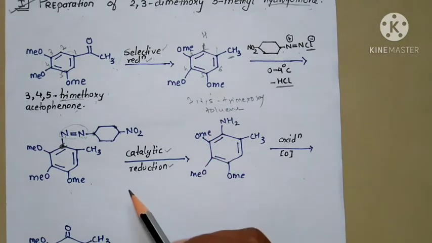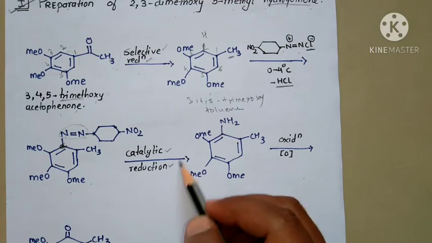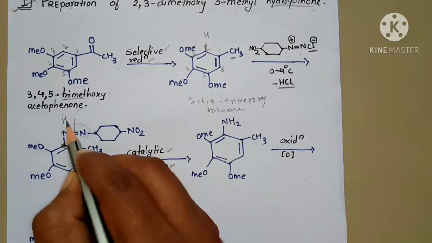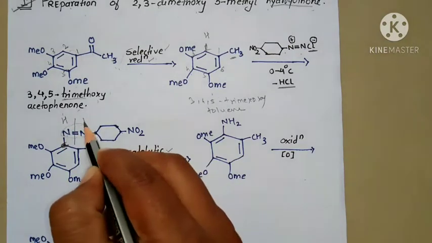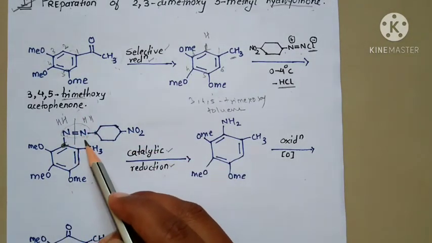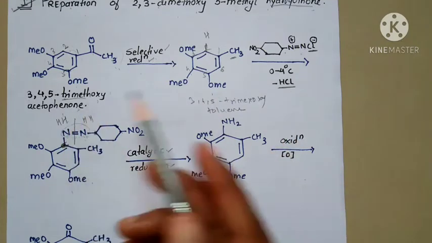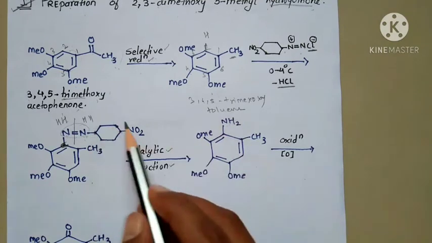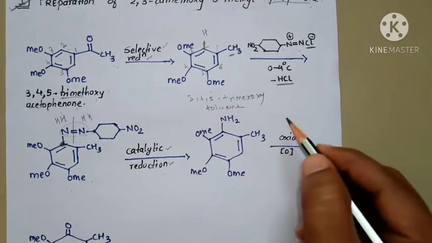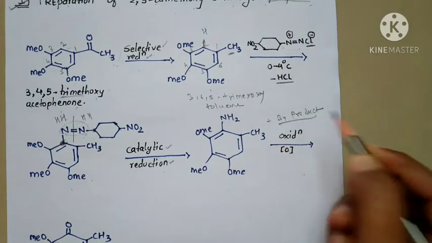After catalytic reduction, in the presence of catalyst, addition of hydrogen across the N double bond N, that means 2 times when we add hydrogen across the double bonded nitrogen, then you will get the nitrogen attached to 2 hydrogens converted to NH2, and this cyclic ring containing nitro group and this NH2 group converts to the byproduct. You will get a byproduct in this reaction.